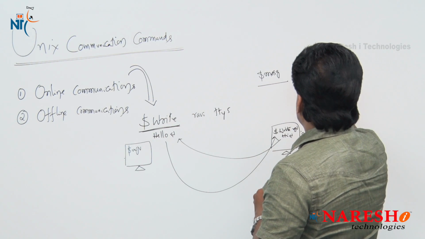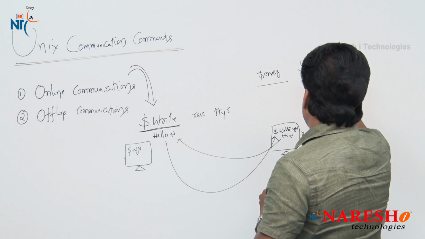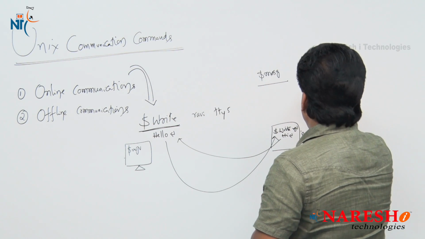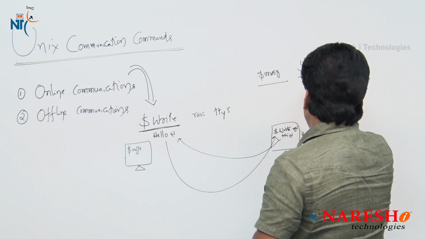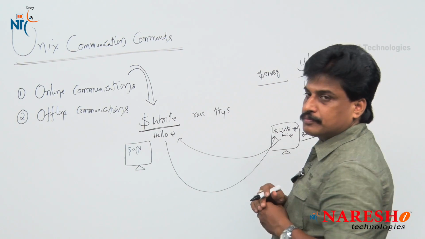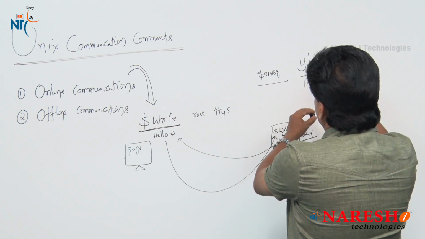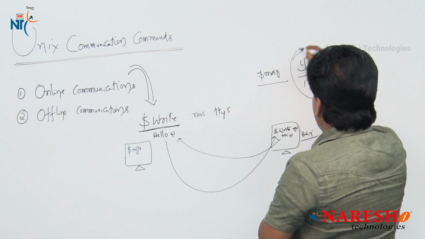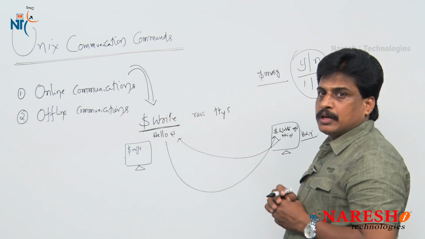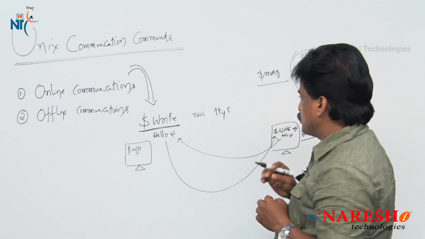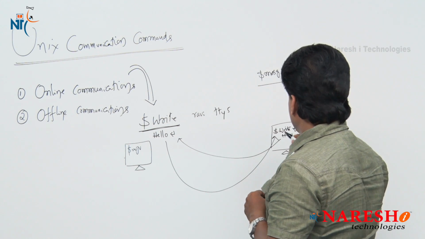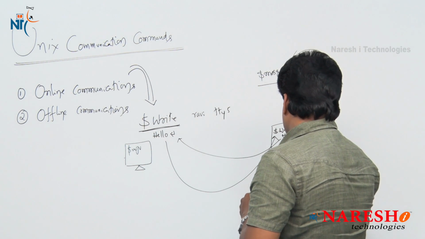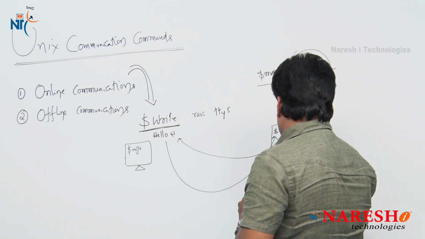Here Y is allowing, N is not allowing. Y represents 1, N represents 0. So these binary values are represented by these alphabets.